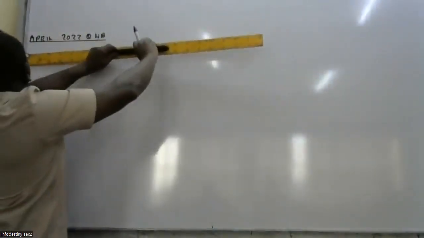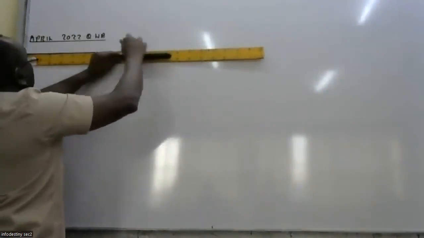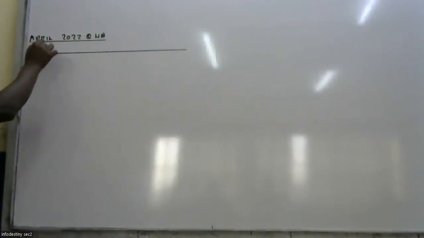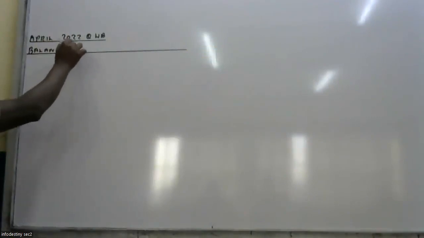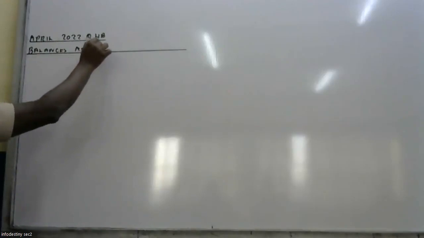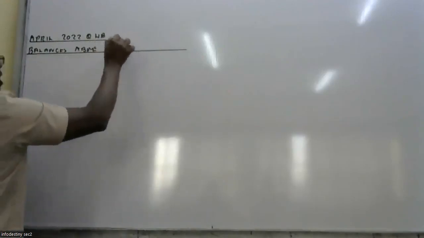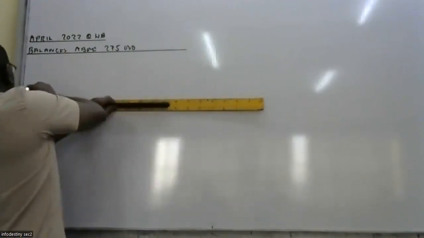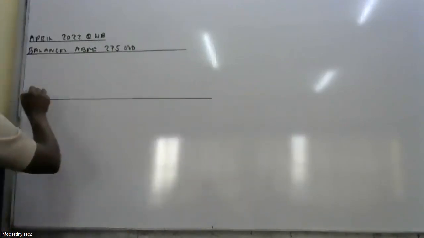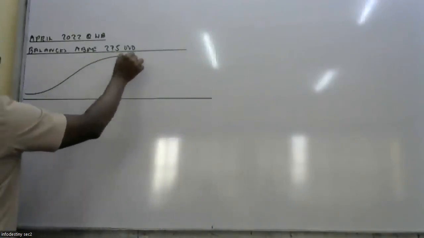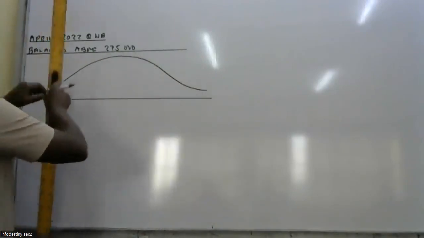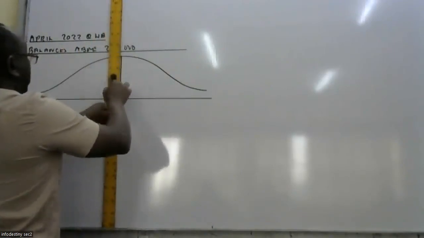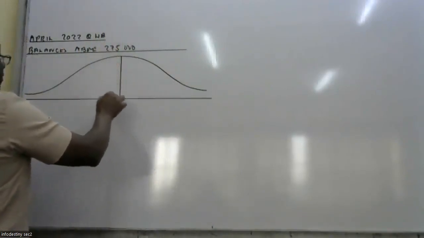So as usual, balances above 275,000. So here we have X bar.